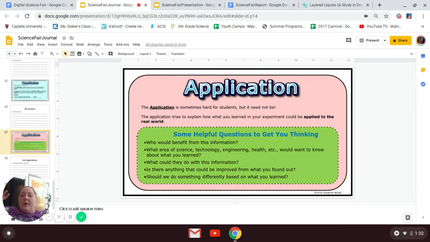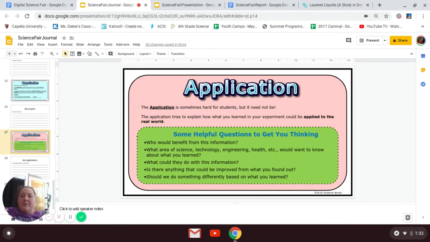Okay, so in this application, you're writing a couple sentences. If I was going to do this again, I would blank, and why. Okay, so your conclusion: I learned this, I accept my hypothesis or I reject my hypothesis because. And then application: if I was going to do this again, I would blank because blank.